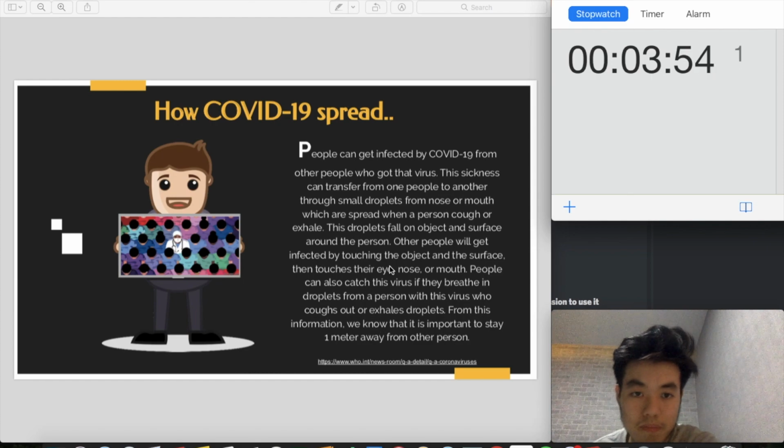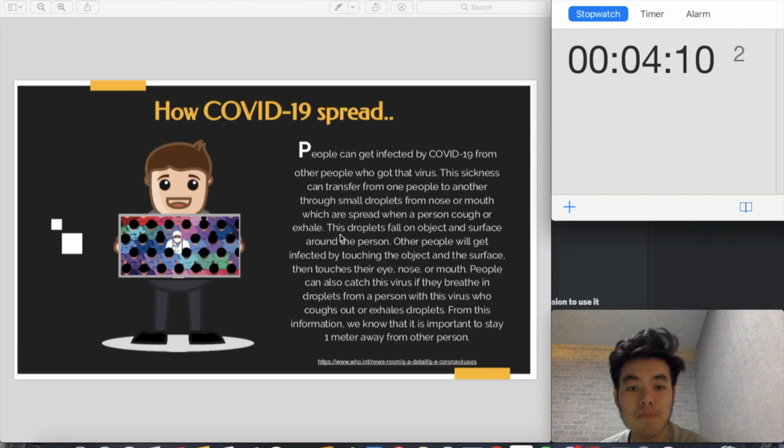So how is COVID-19 spreading? People can get infected by COVID-19 from other people who have the virus. This sickness can transfer from one person to another through small droplets from the nose or mouth, which are spread when a person coughs or exhales. These droplets fall on objects and surfaces around the person.